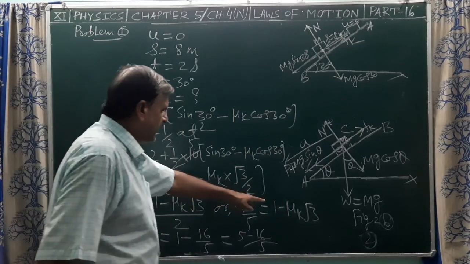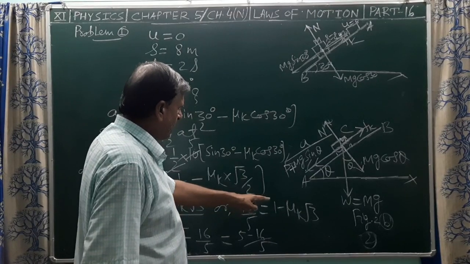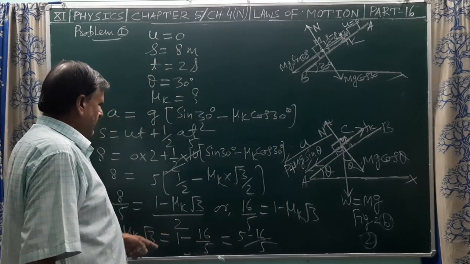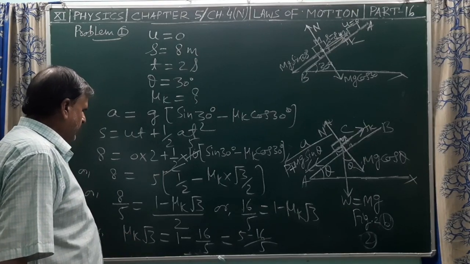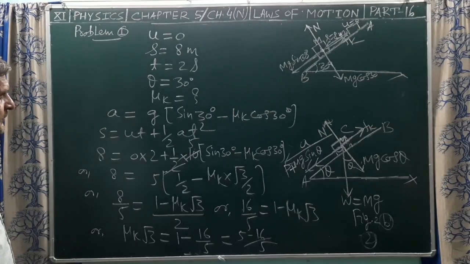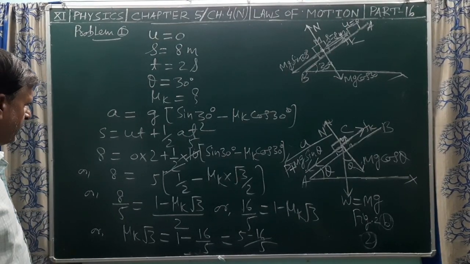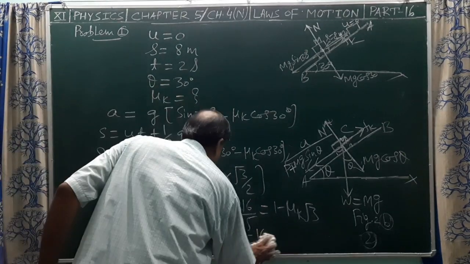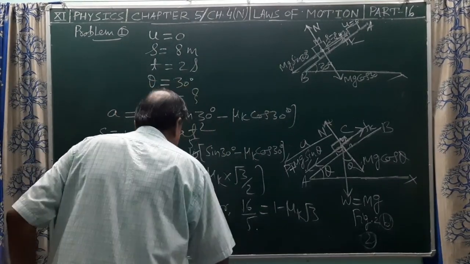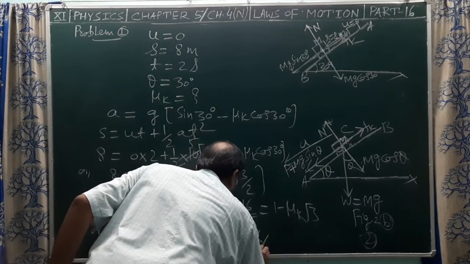Therefore, bringing mu k root 3 to the LHS and 16 by 5 to the LHS, it is 1 minus 16 upon 5. So mu k root 3 is equal to 1 minus 16 upon 5, and it is now 5 minus 16 upon 5.